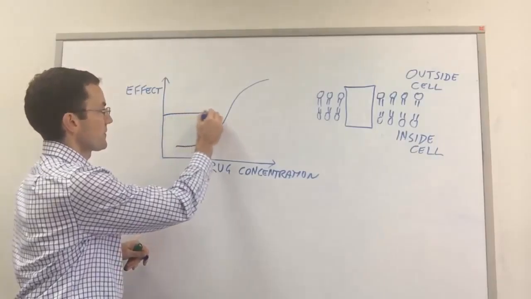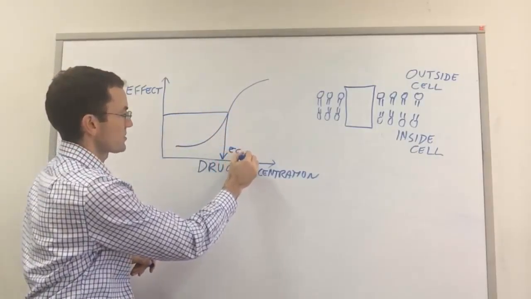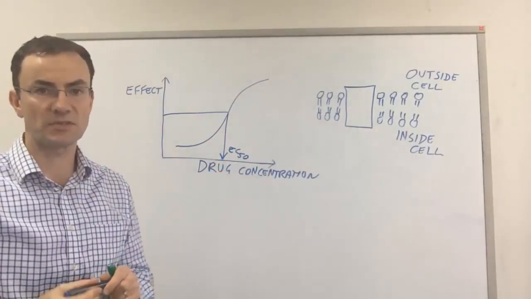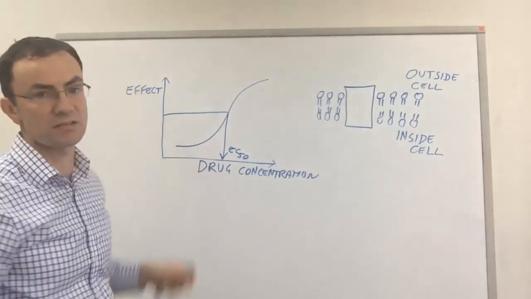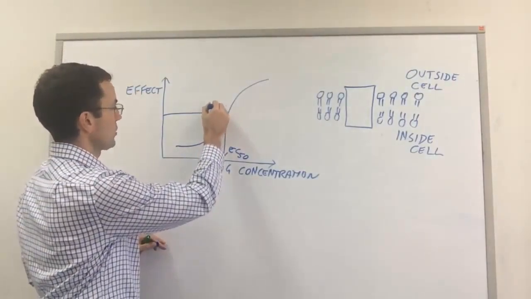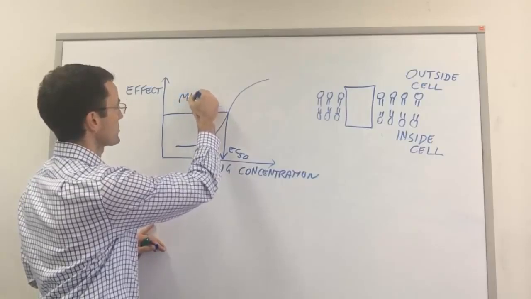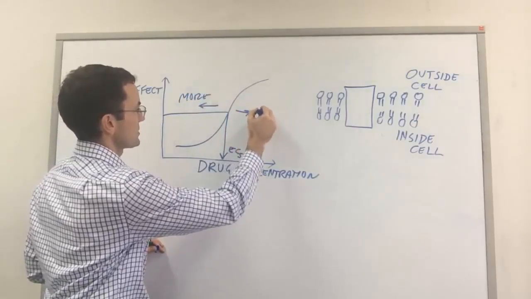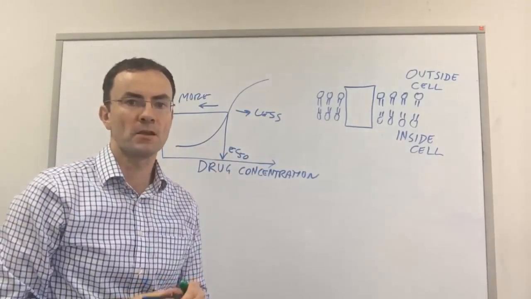And if you plot the 50% response, it gives you a concentration that we call the EC50, which is 50% of the maximal effect. And so if that is lower, then yes, the drug is going to be more potent, and it's lower if the curve is pushed this way. So this is more potent, and if the curve is this way, then it will be less potent because the EC50 would be greater.